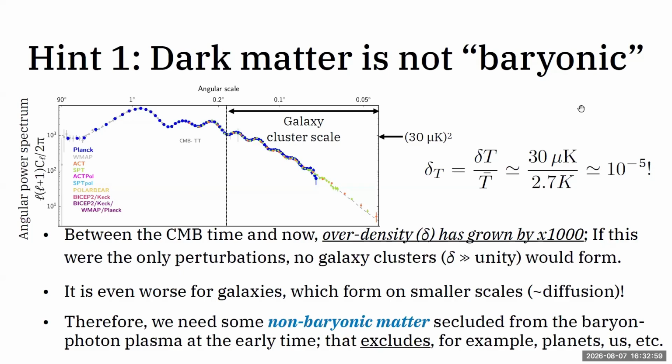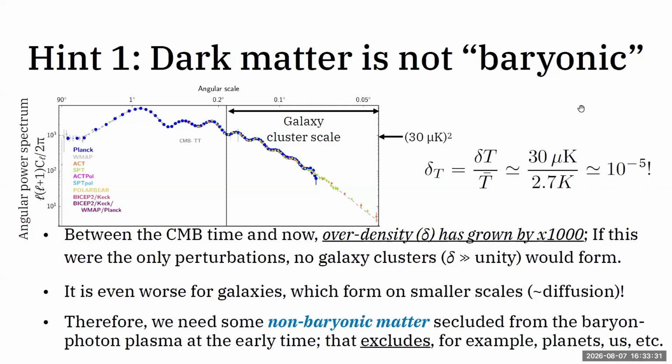Combining this fact with the result of cosmological linear perturbation theory, where density perturbation can grow only in proportion to the scale factor, and CMB happens at redshift 1,000, meaning the scale factor at CMB time is 1 part in 1,000. So a 10 to the negative 5 fluctuation can only grow by a factor of 1,000, which gives us 1% on the scale of a galaxy cluster.